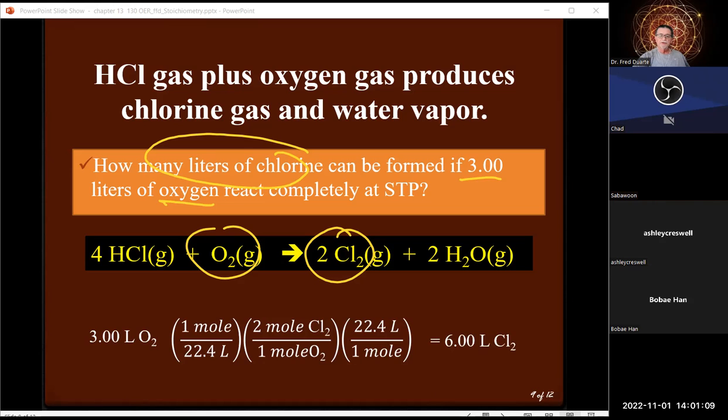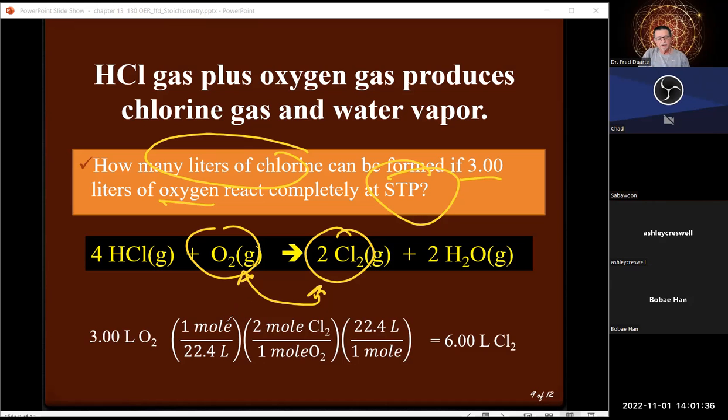Now, notice something interesting here. If you are at STP and your reactants and products are in the gas phase, you can simply use the stoichiometric relationship directly to get to the answer.